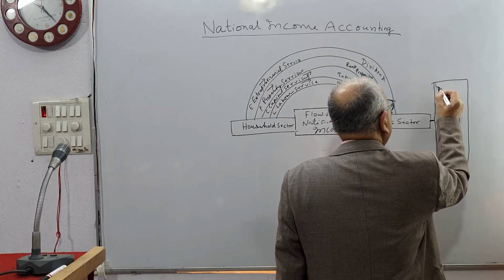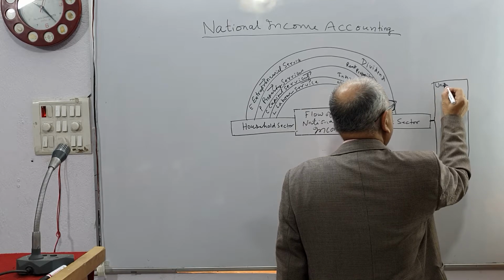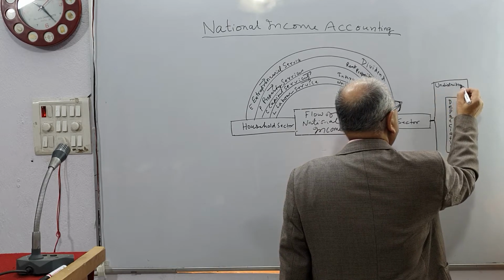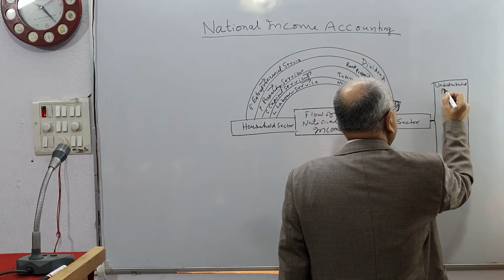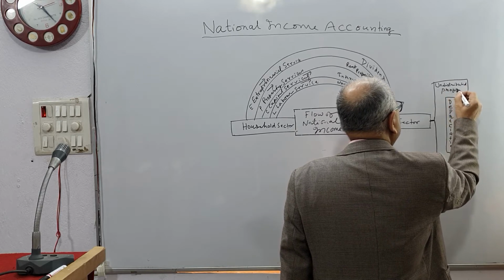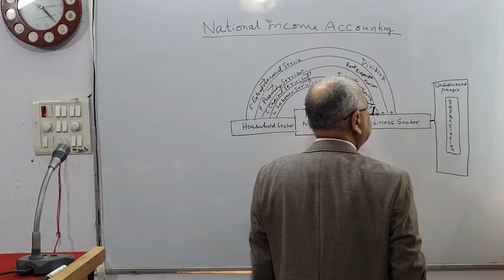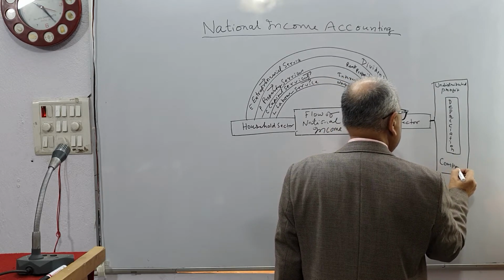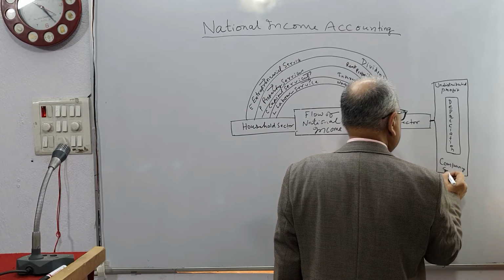Dividend, and this is undistributed profit. And this may be called company saving.